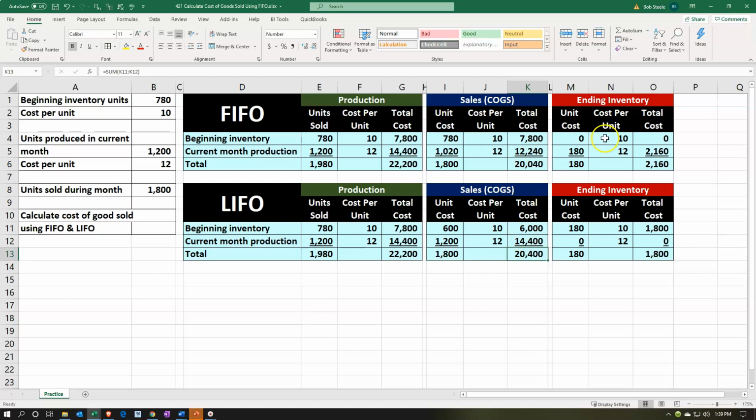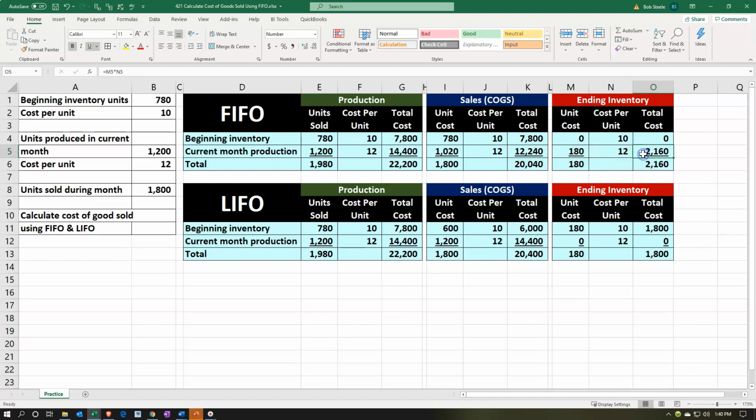But then you think about what's going to be on the ending inventory, what's left in ending inventory on the balance sheet, the items we have not yet sold. Notice under first in, first out, under the assumption of rising prices, we would expect it to be higher than under last in, first out. And that's because the first in, first out, we're assuming that we sold the beginning or cheaper units, and therefore still have on hand the units that we produce later that are more expensive.